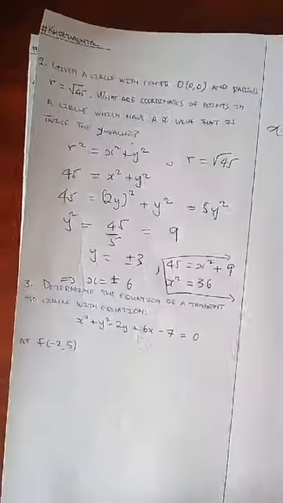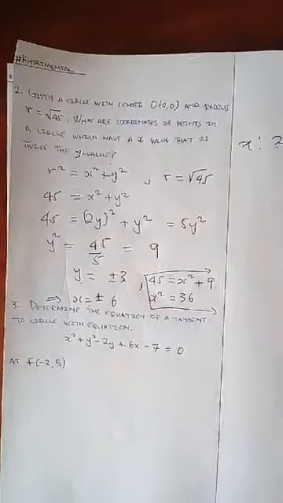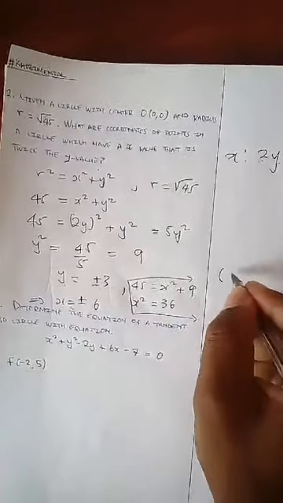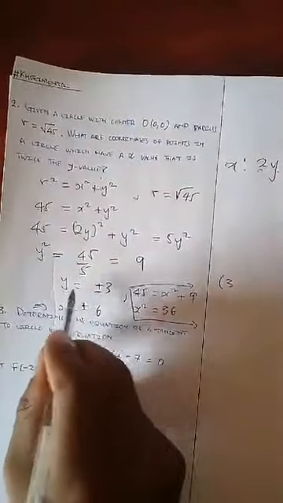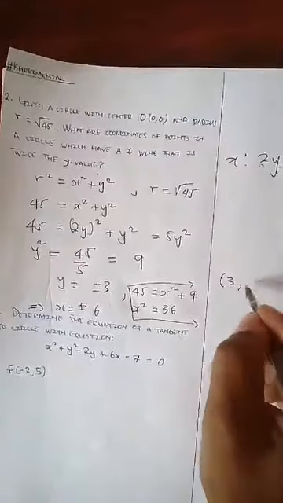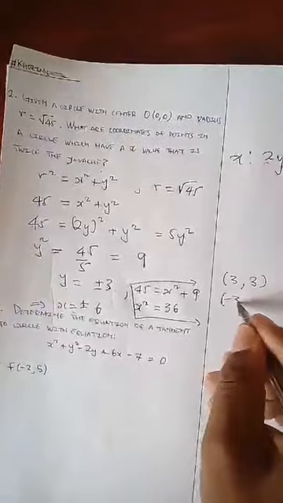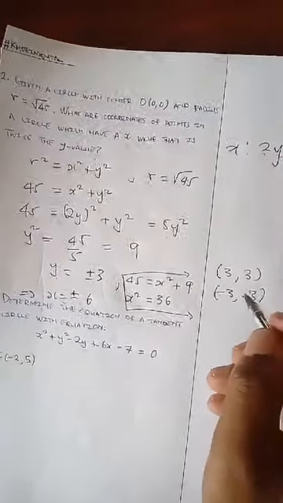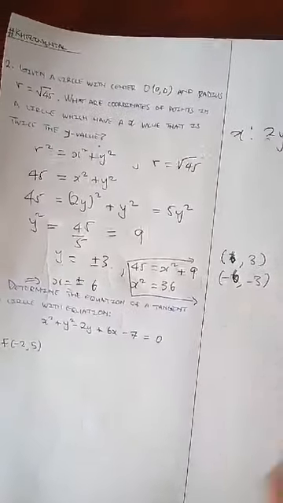So the coordinates where the x value is twice the y value are the points where, if y is 3, substituting it here, the x value is 6, so it's (6, 3) and (-6, -3).